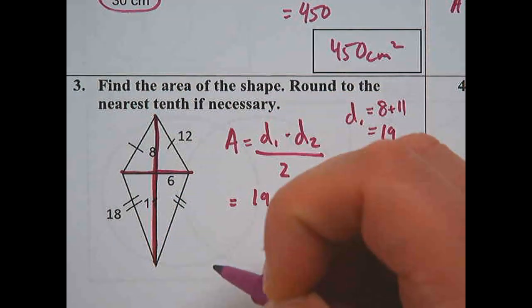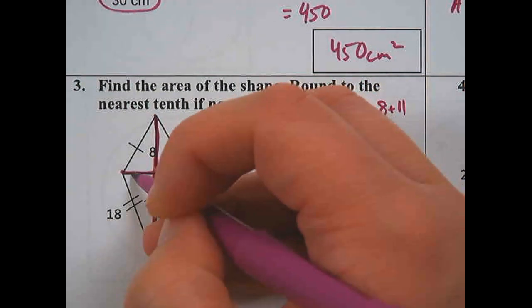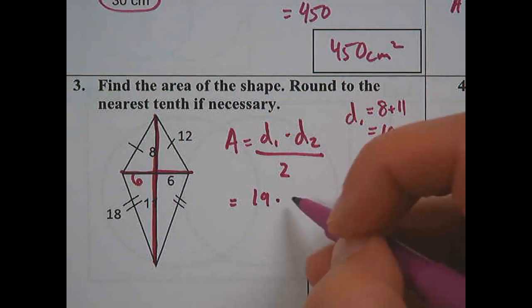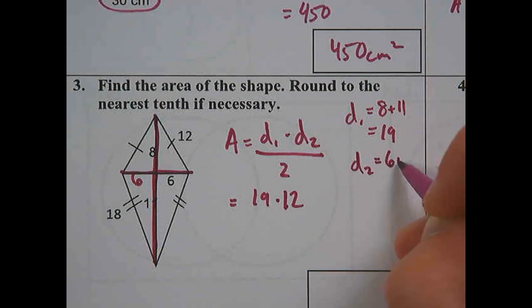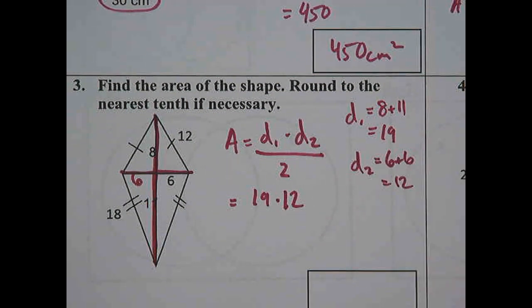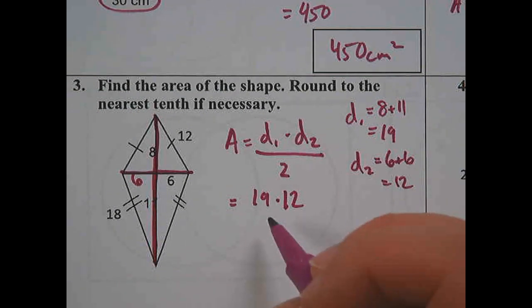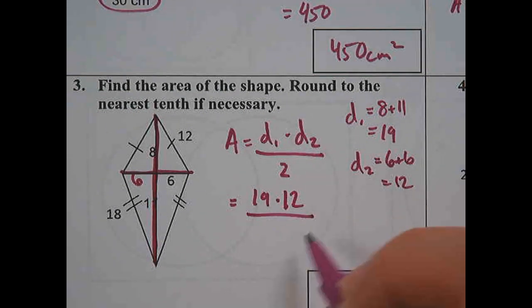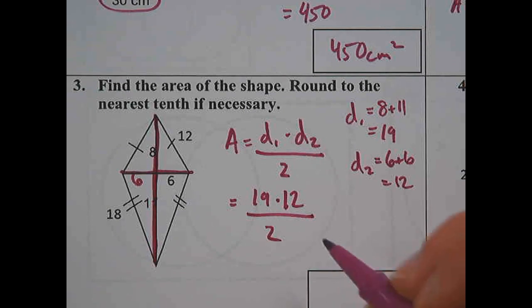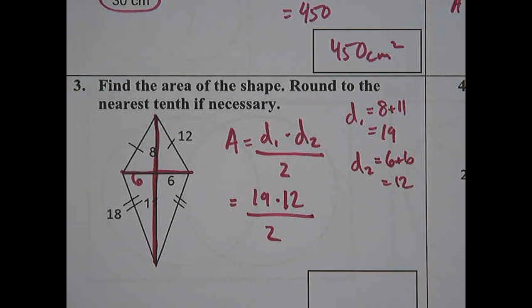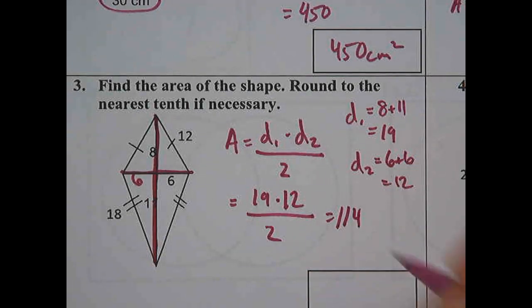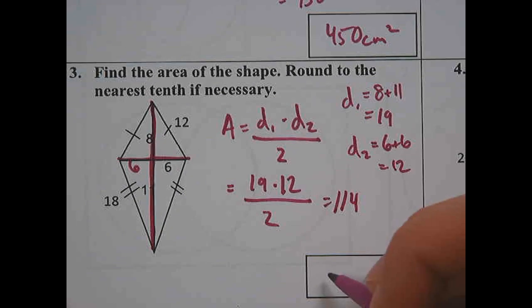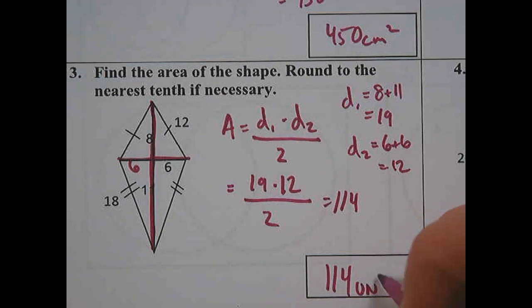This one is 6, and on kites, these are the same, so they're both 6. 6 and 6 is 12, so D2 is 12. We multiply them and then divide by 2, and we get 114. So this would be 114 square units.